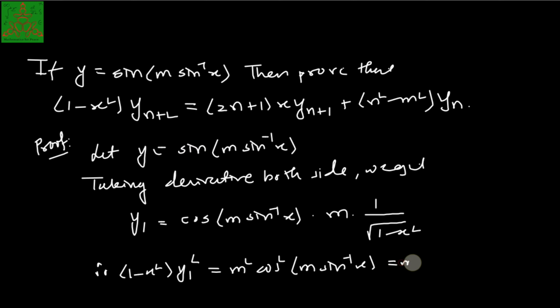So this is m square (1 minus sine square(m sin inverse of x)), and then we put the value of sine square, that is y square. So this gives m square (1 minus y square). Finally what we got is (1 minus x square) y1 square is equal to m square (1 minus y square).